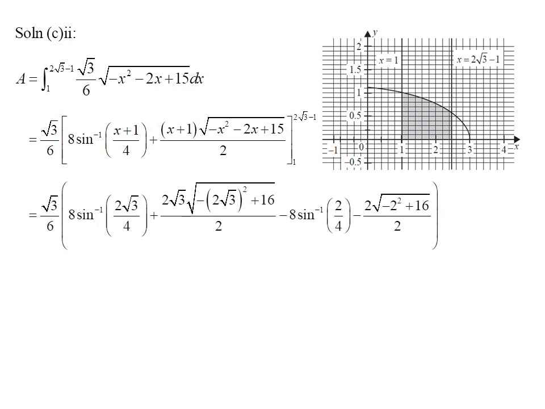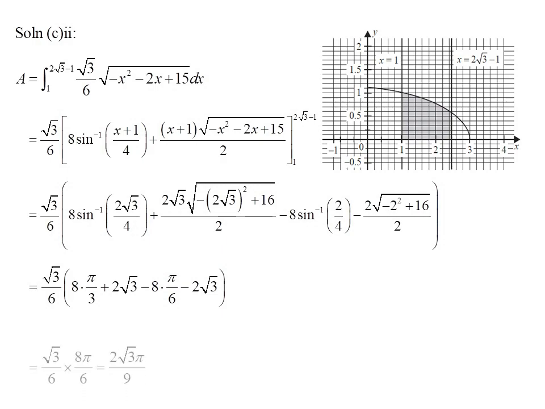After the values of the upper bound and the lower bound are substituted, it equals square root 3 over 6 multiplied by (8 pi over 3 plus 2 square root 3 minus 8 pi over 6 minus 2 square root 3), which is simplified to 2 square root 3 pi over 9.